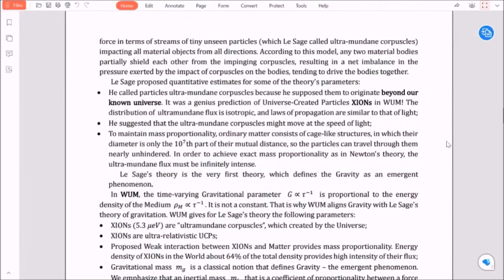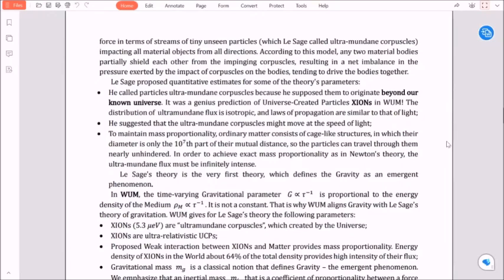According to this model, any two material bodies partially shield each other from the impinging corpuscles, resulting in a net imbalance in the pressure exerted by the impact of corpuscles on the bodies, tending to drive the bodies together.